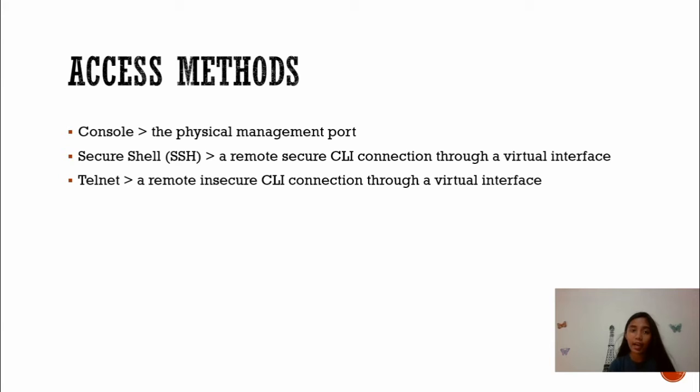The CLI can also be accessed in a console session. A console uses a low-speed serial connection to directly connect a computer or terminal to the console port on the router or switch.